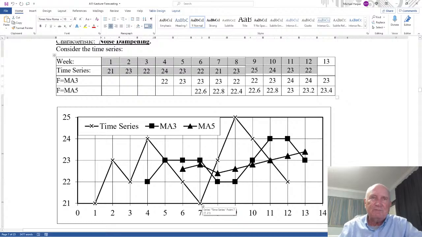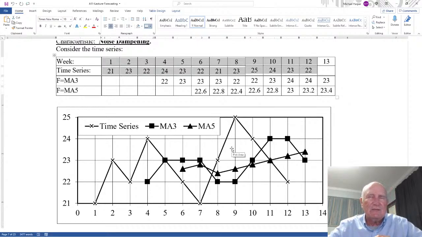And so the difference between 21 and 25, that magnitude, that amplitude, is used to measure the power of a time series. The greater the amplitude, the more powerful the time series. A good illustration is sound, which is a physical time series.